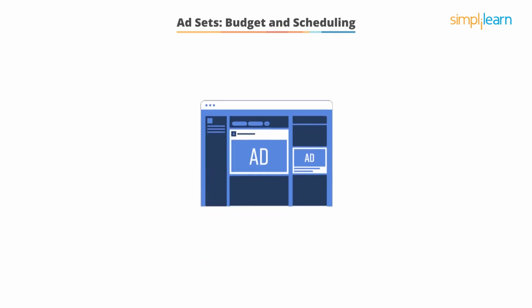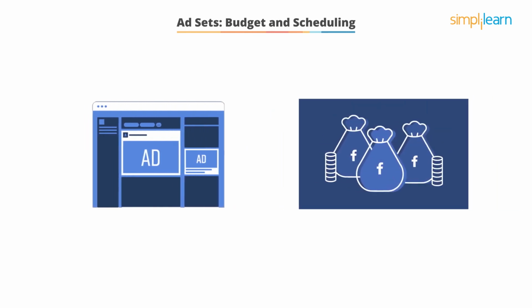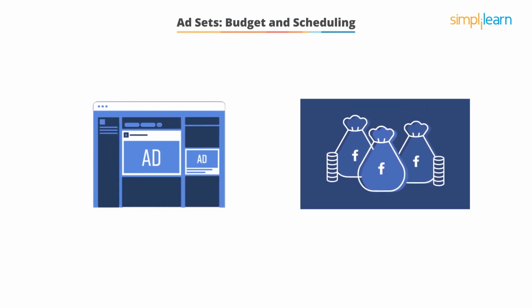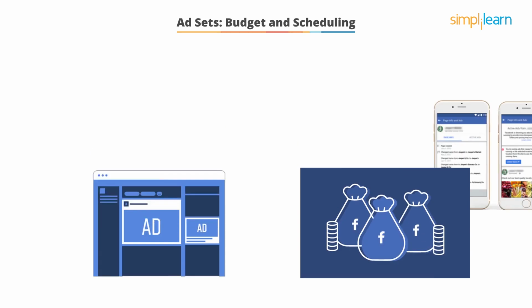Now that you've selected where you're going to place your ads, you're going to think about how much you will spend on your ad campaign and when you want to run the campaign. The budget module will do two things for you. You will plan your overall spend on the campaign and how much you want to bid for an ad placement.